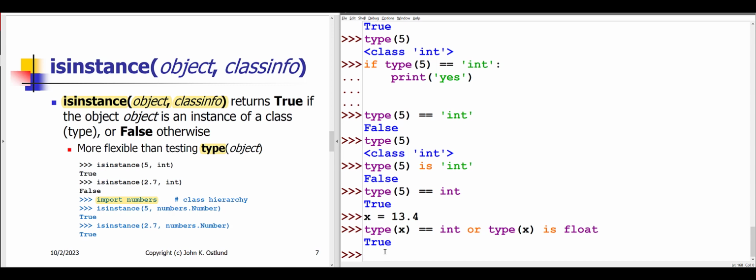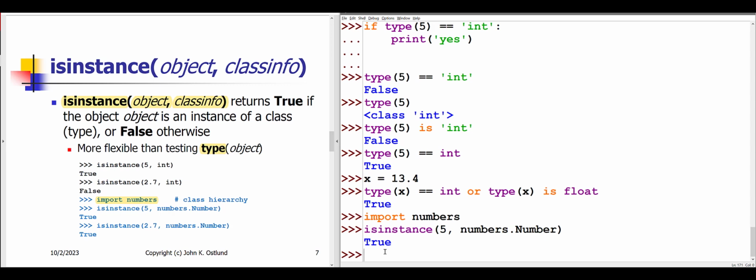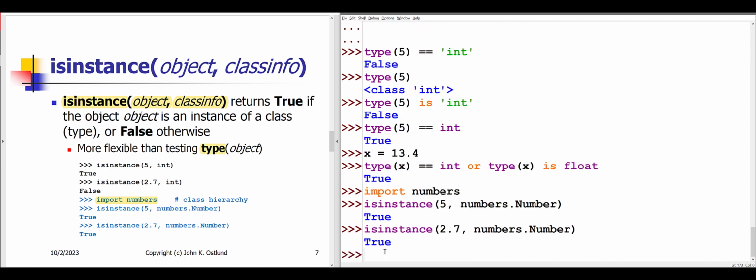All right, so if I say import numbers, then I can ask whether isinstance 5, numbers.Number, and because that's true, that implies I can do arithmetic with 5. Likewise, 2.7, numbers.Number, and again, that's true.